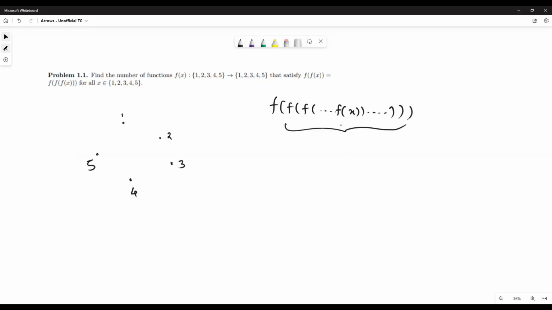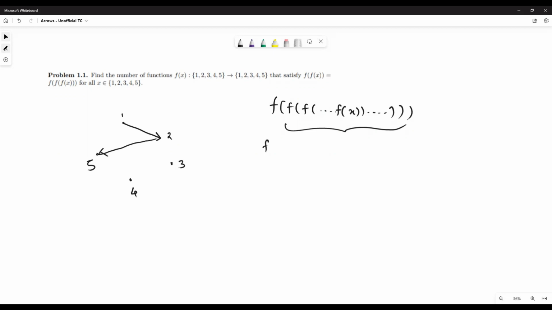Because you can just map an element to its image by an arrow. Suppose f of 1 equals 2, then I draw an arrow from 1 to 2. Suppose f of 2 equals 5, I draw an arrow from 2 to 5.